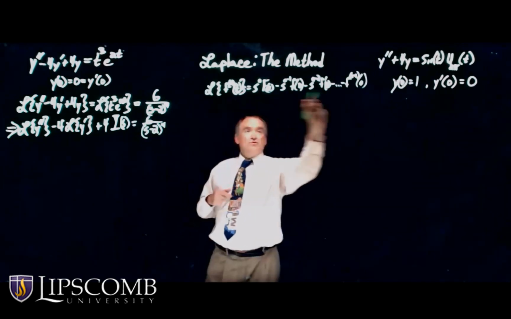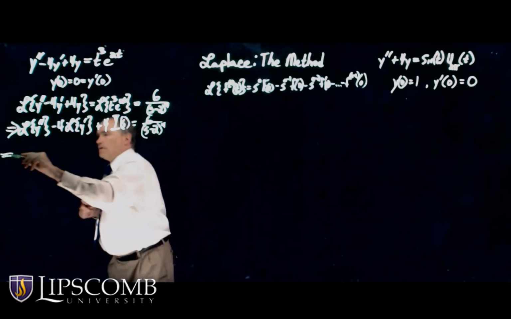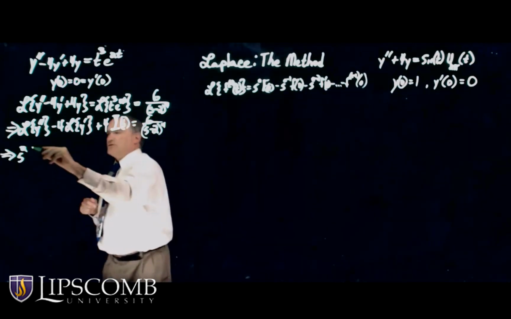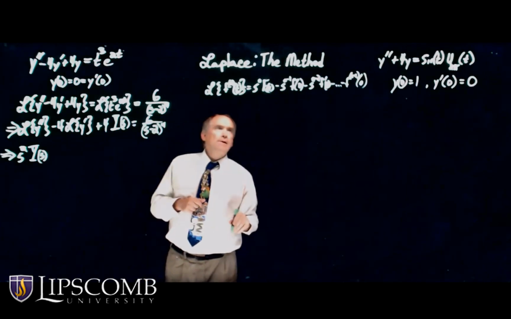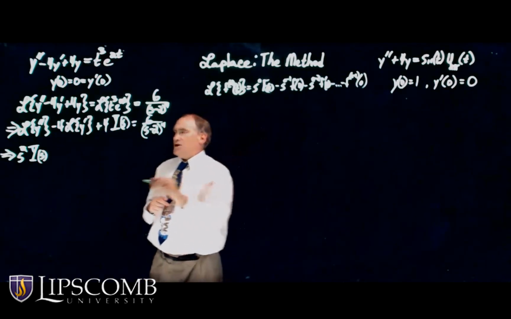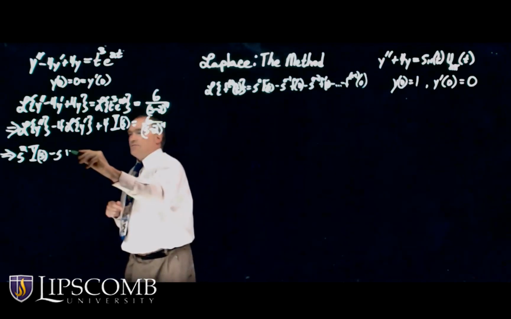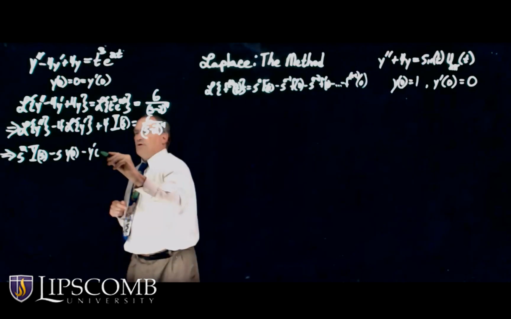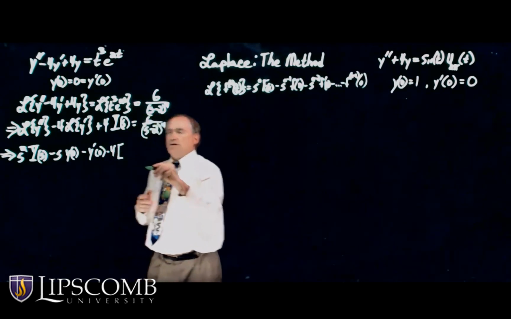Now, let's use my formula here. So this would be s squared times the Laplace of y, that's my unknown function, minus s times y of 0, minus y prime of 0, minus 4 times quantity.